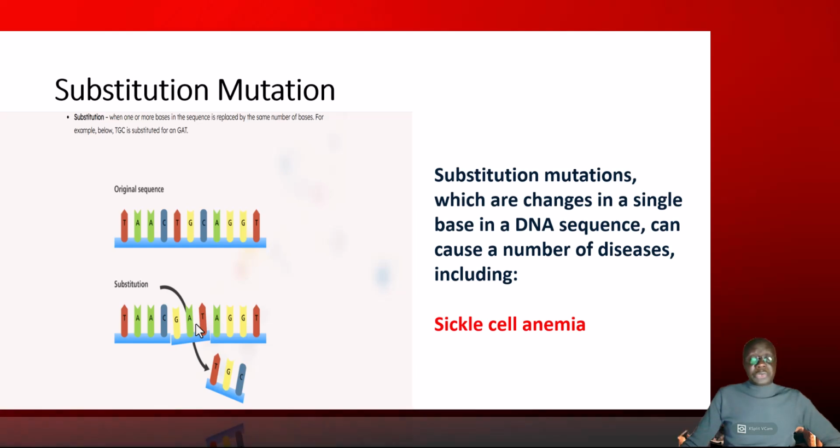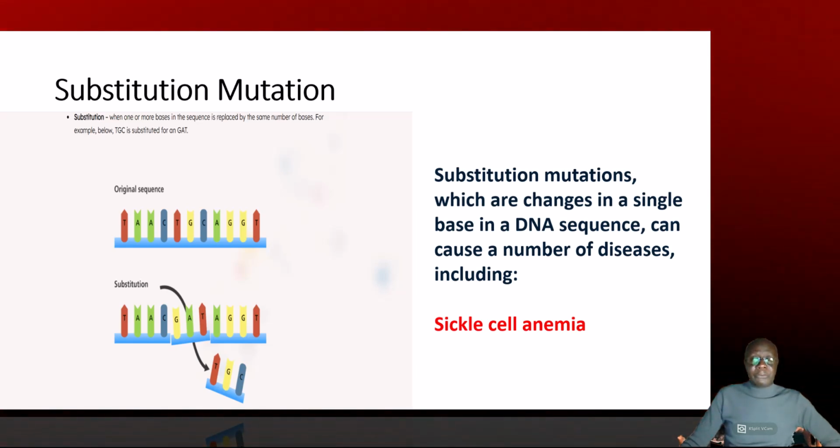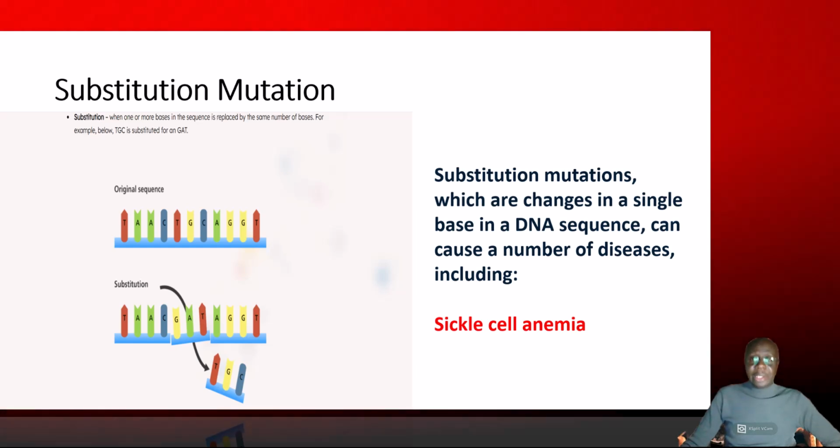But sometimes the substitution can be different. The substituted molecules can be different, and therefore the gene will produce a wrong protein again. And again, that can cause sickle cell anemia. And these also are carried by parents, and they are passed down the generations.